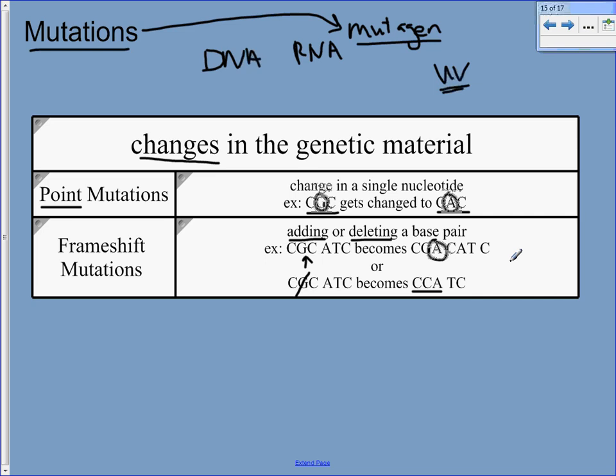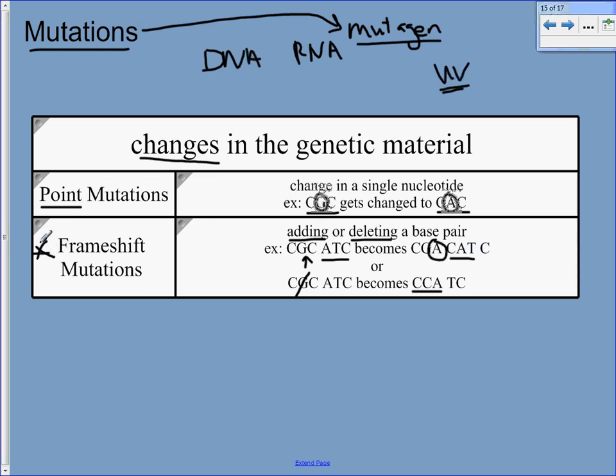So here's an example of frameshift mutations. If this is our original mRNA, AUU, CGU, AGU, GCG, let's look at the amino acids that we get here. AUU would be isoleucine, so we'll just write iso right here. CGU would be arginine.